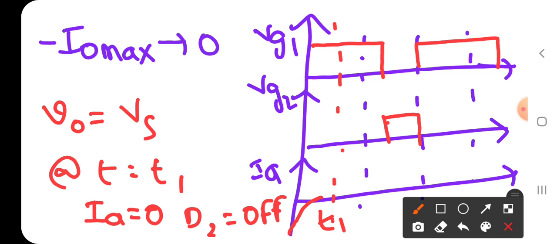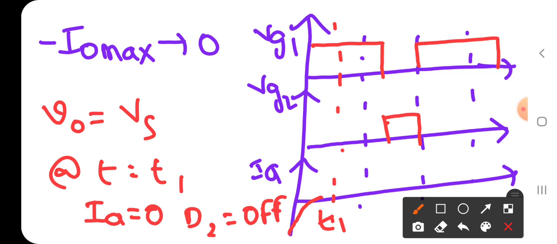When diode D2 is off, immediately, as CH1 already has the gate signal, it turns on. Next, mode 2.